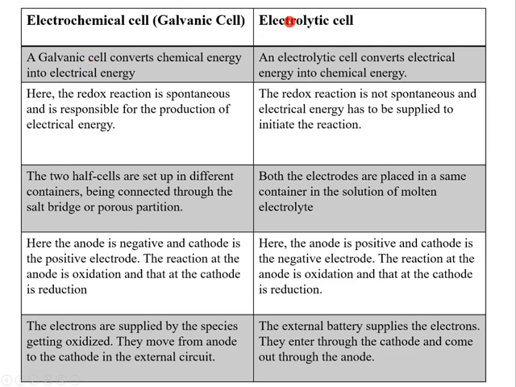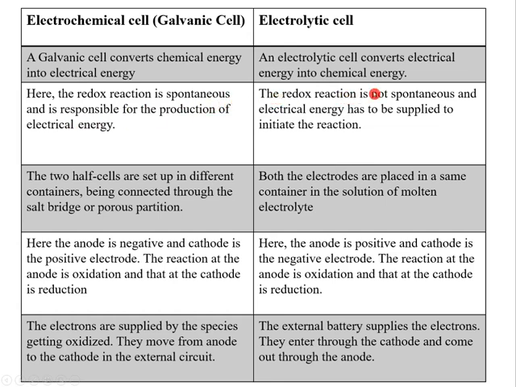But for electrolysis, it's a non-spontaneous reaction. So electrical energy will be converted into chemical energy, because you have an external source of DC. That external source of DC will be a source of electrical energy, which drives the reaction until chemical energy is produced.